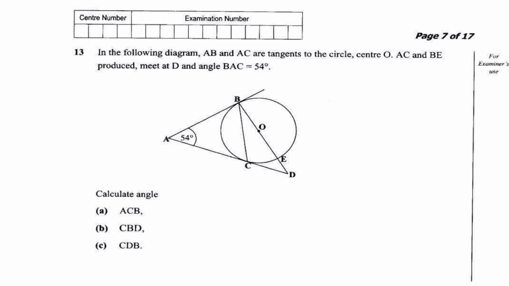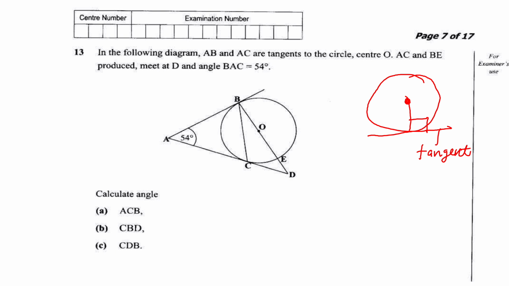The tangent meets the radius at 90 degrees. If this is the tangent, it meets the radius at 90.